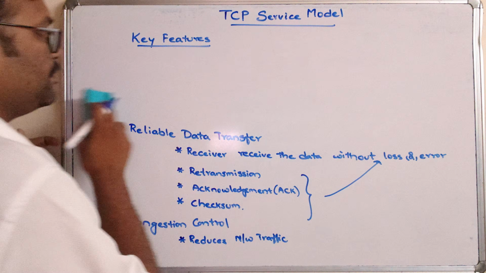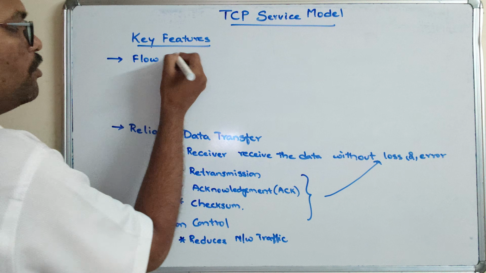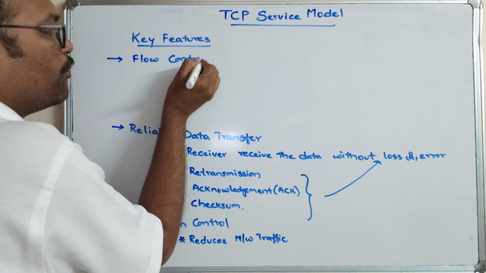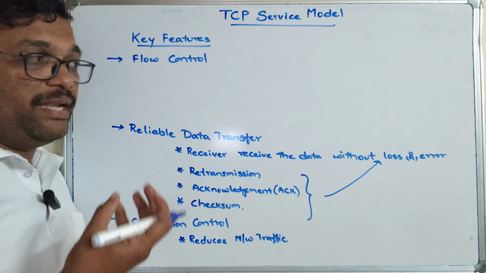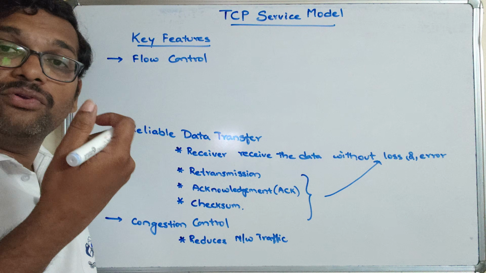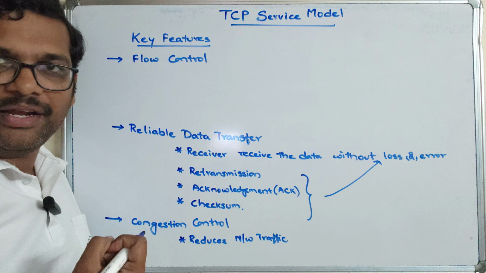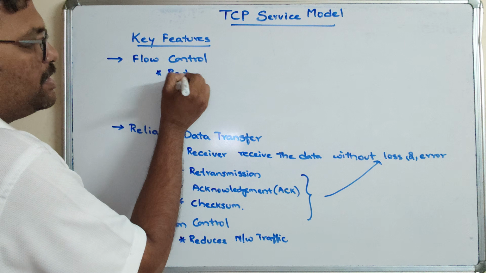Next, flow control. In order to maintain consistency between the sender and receiver, it has to reduce the transmission rate.